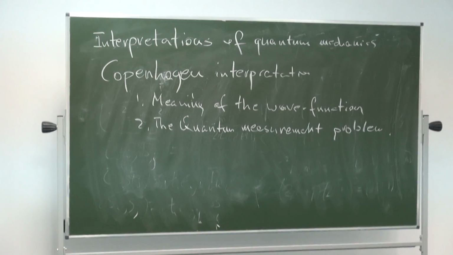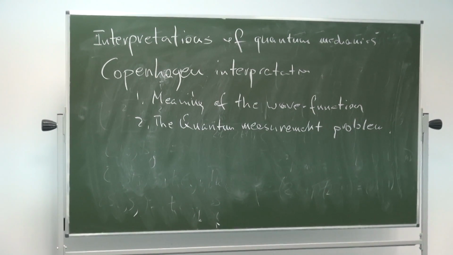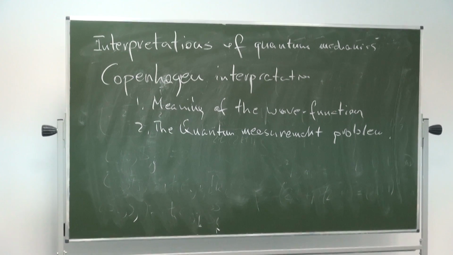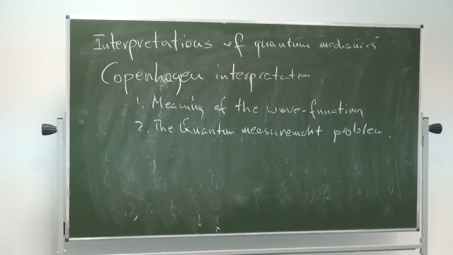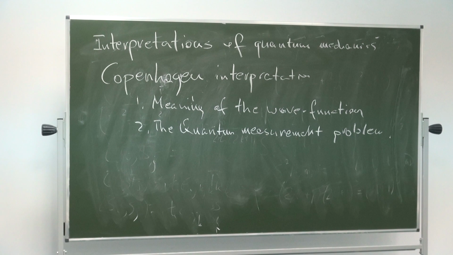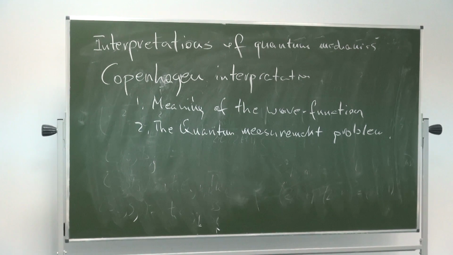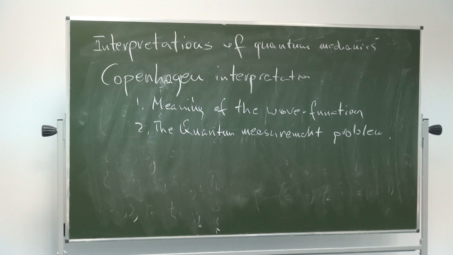It's very hard to understand what it means, until we try to figure out what is the meaning of the wave function itself. And here is something which is a very strong aspect of the Copenhagen interpretation. For the Copenhagen interpretation, the wave function is the state of the information we have about the system.